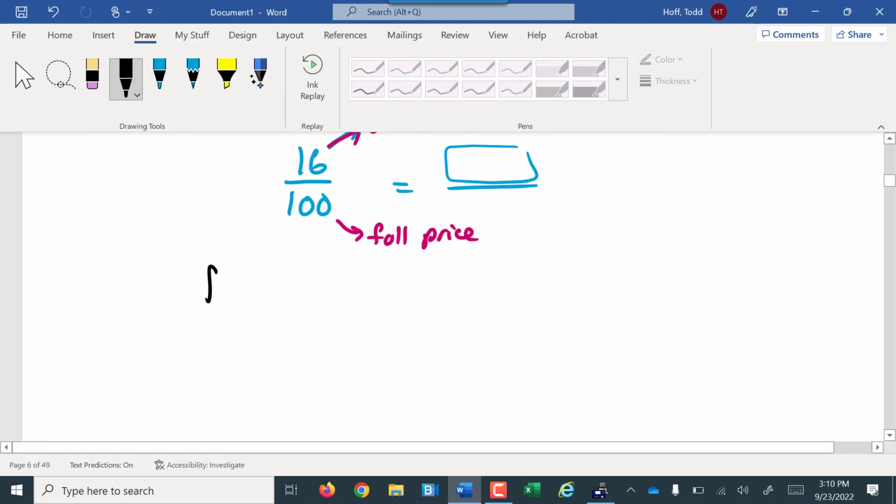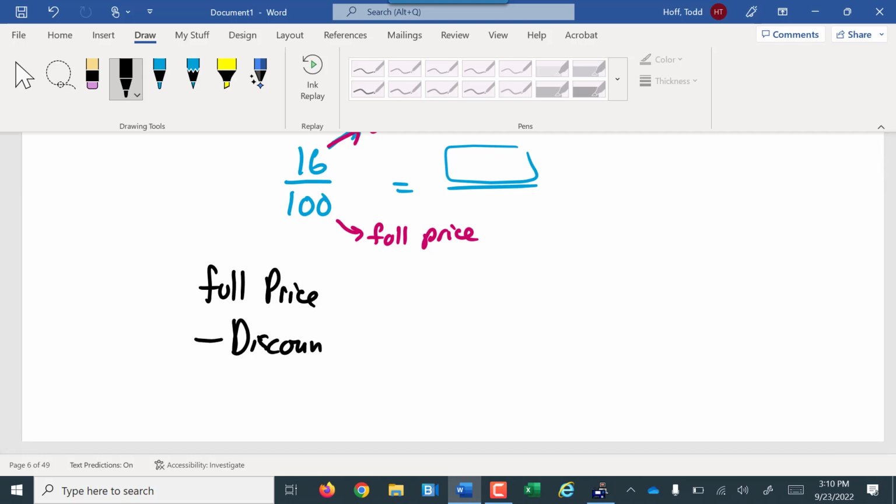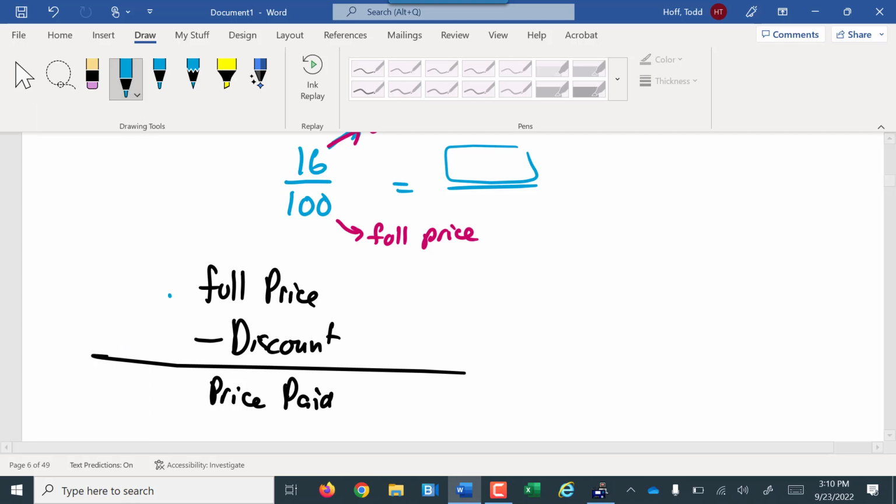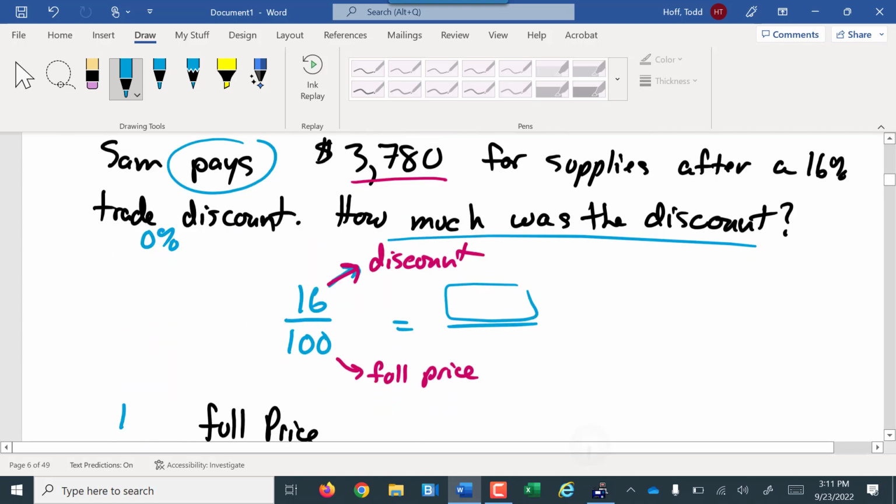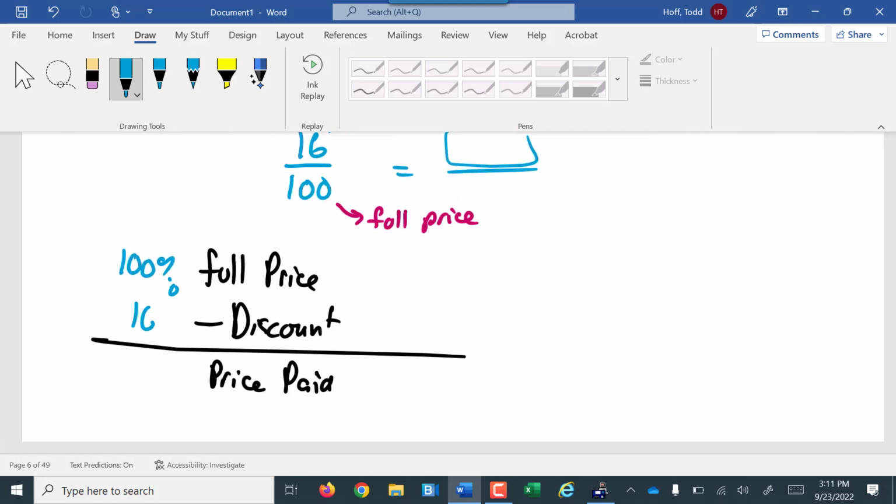So here again, we have full price, and we're subtracting the discount to get a price paid. The full price would be represented as 100%. What was the discount? 16%.